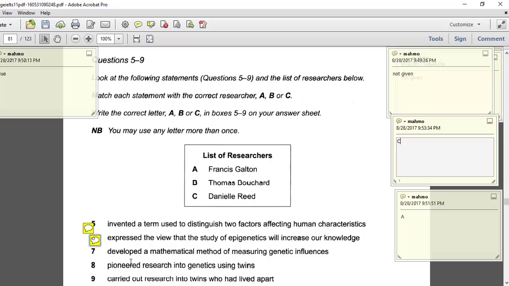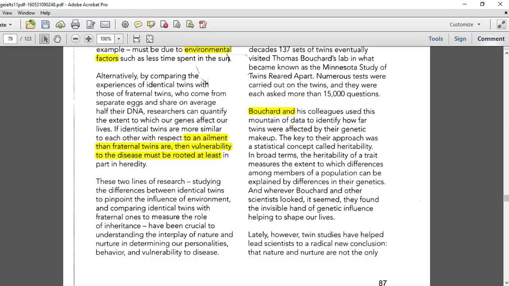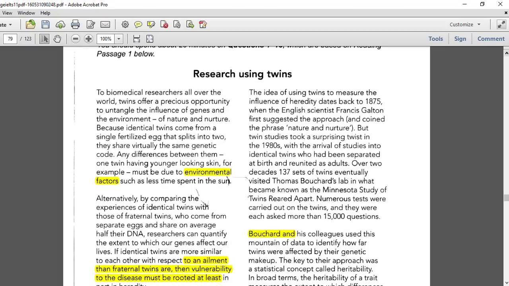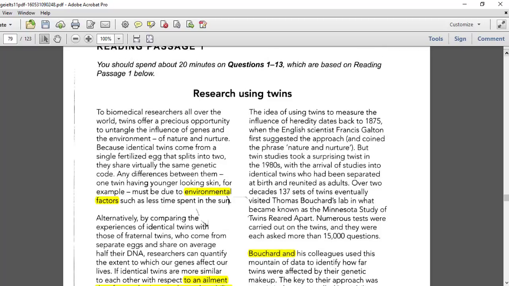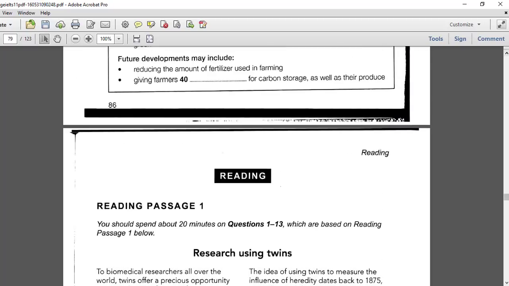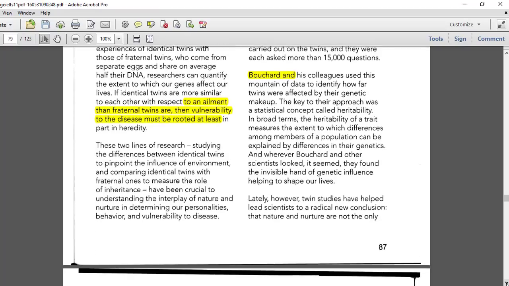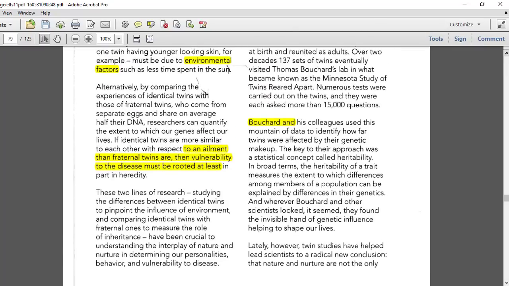Number 7: developed a mathematical method of measuring genetic influences. Mathematical method. It's about mathematics. I saw something about statistics when I was scanning. Let's get back to the passage and see. Where was it? I don't remember. Not here. Second column maybe.